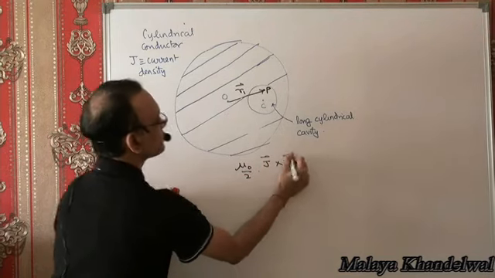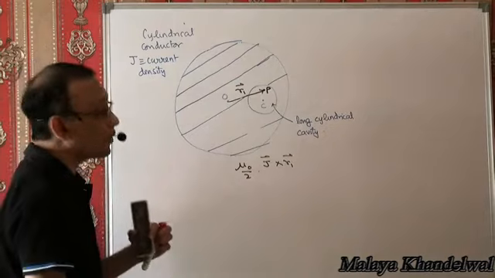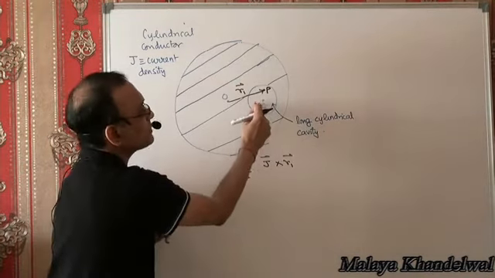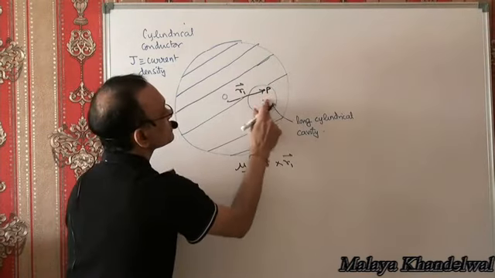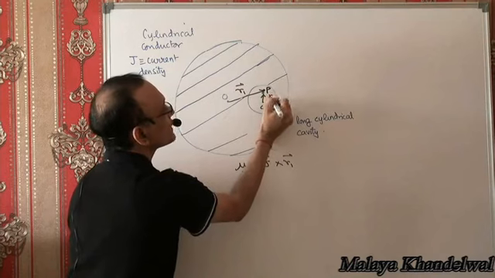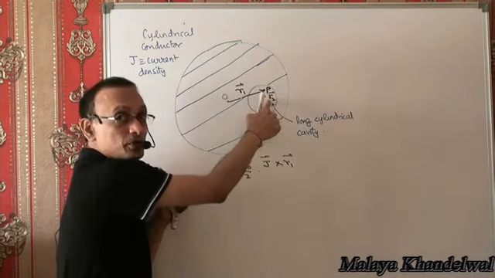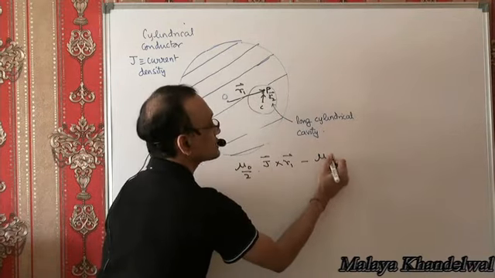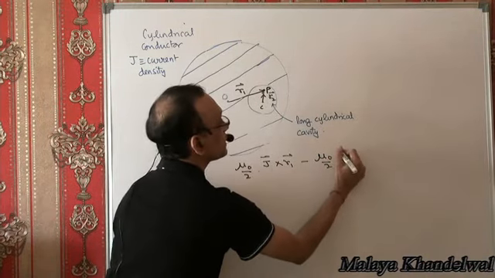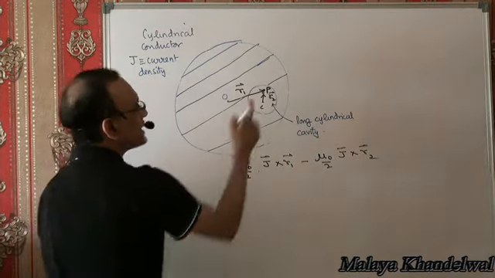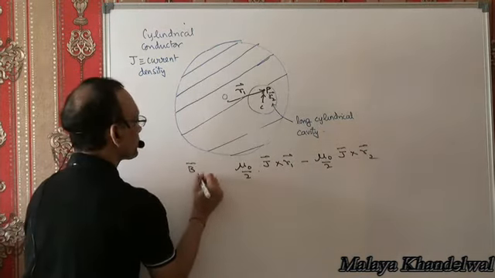But now when this cavity is created, I will have to remove the contribution made by this cylinder. Suppose this vector is R2, then the contribution made by this would have to be removed once I create the cavity. So that's going to be minus mu naught by 2 J cross R2. That's the field at P.